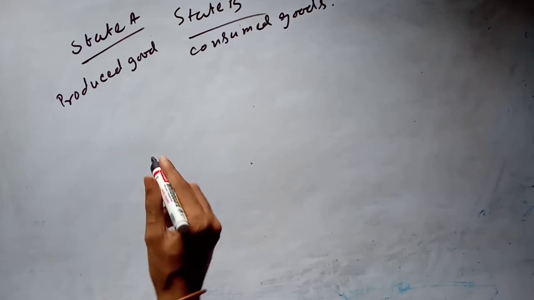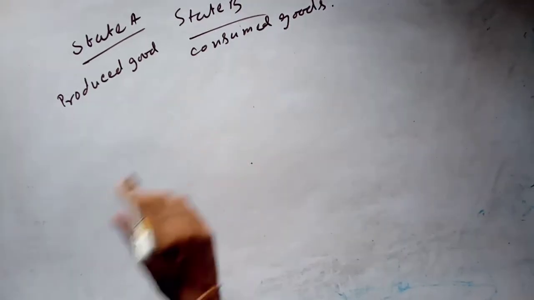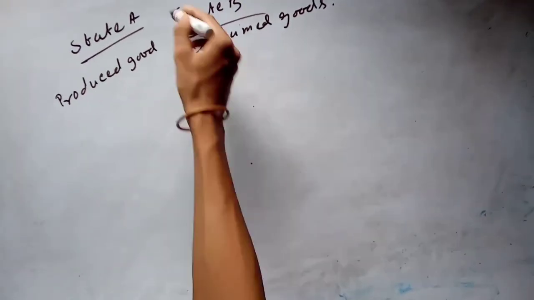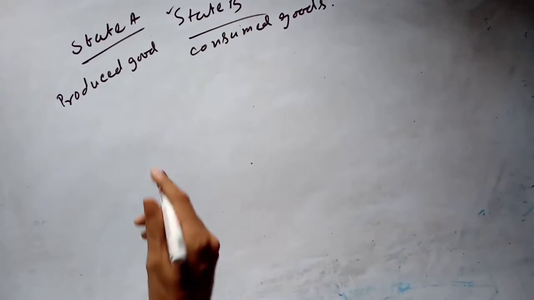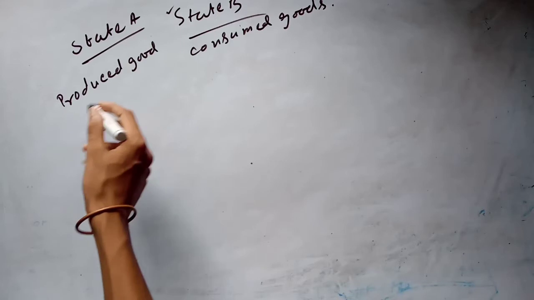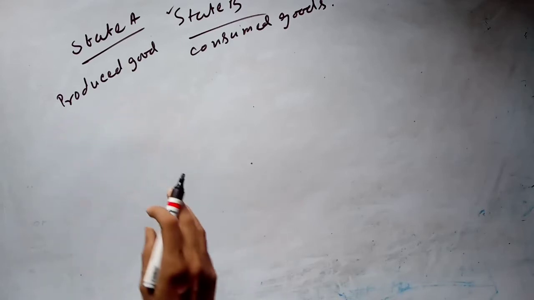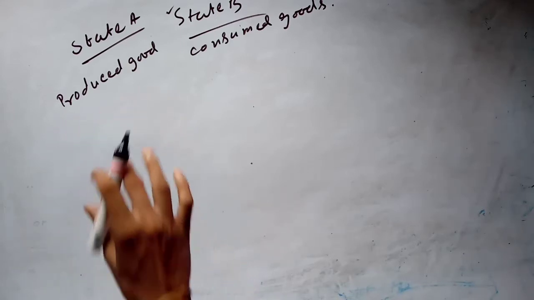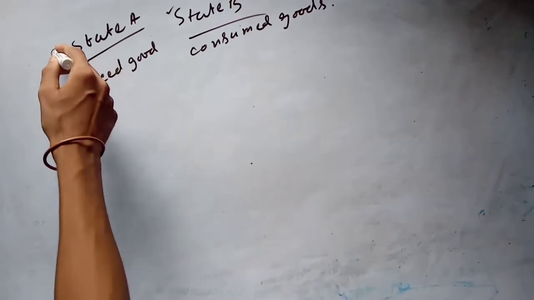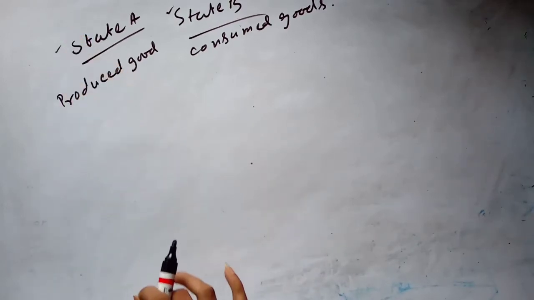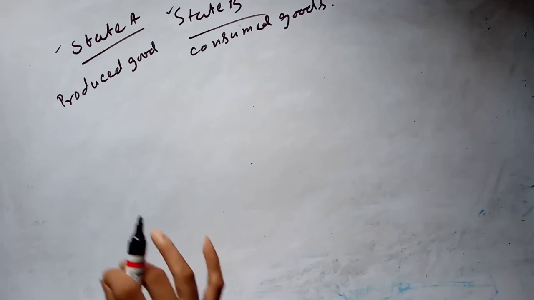Now, in GST we know that the collection will be made by state B, so they will get the revenue as GST. But the state which produced the goods will not collect GST. So after GST was implemented, state A claimed that they are suffering such losses.